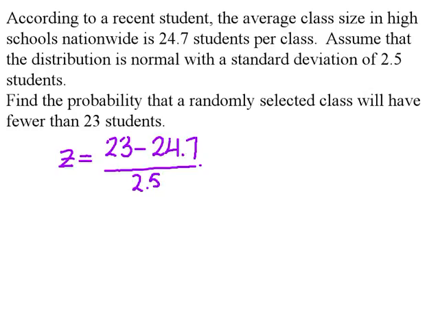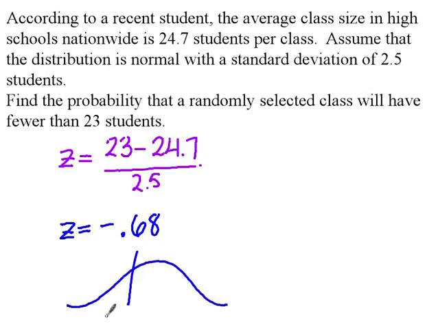And so let's go ahead and look at this. What does this come out to be? Okay, so let's go ahead and look at the problem. It says we'll have fewer than 23 students. So you've got your normal distribution here. Negative 0.68 here. Fewer than means you're going to shade this way.